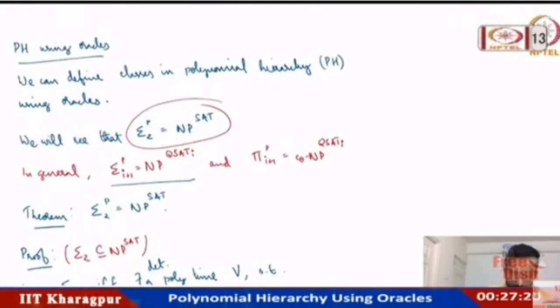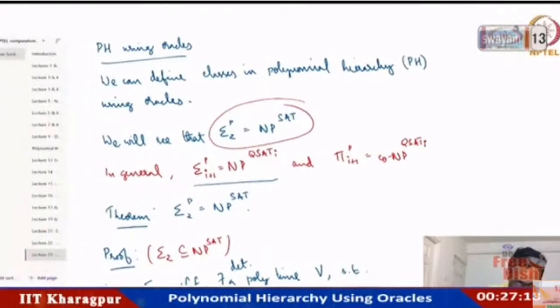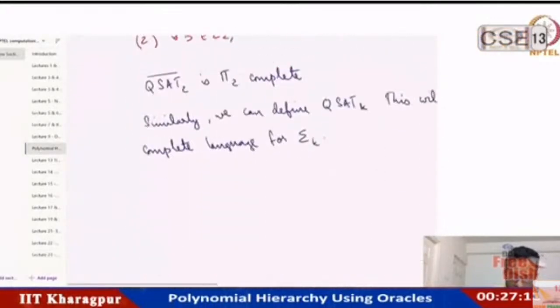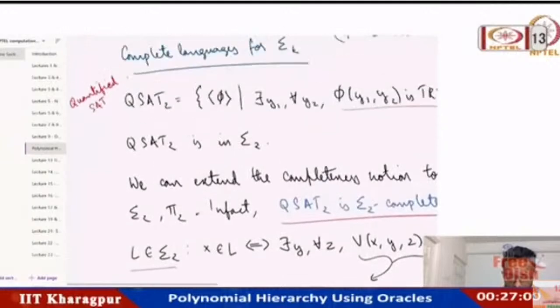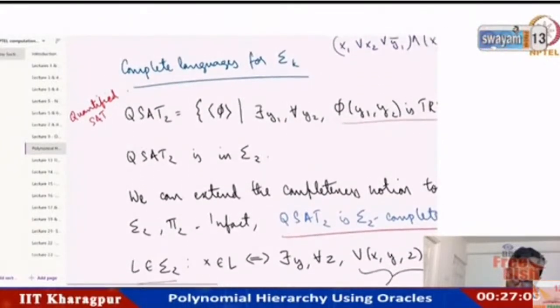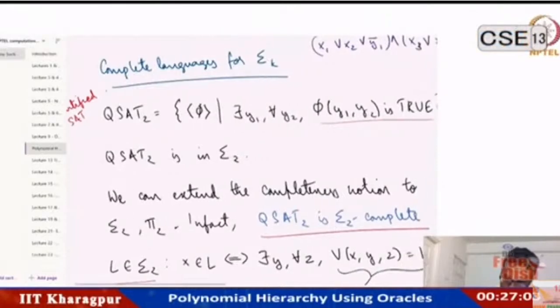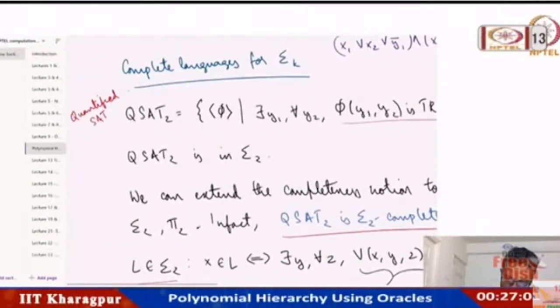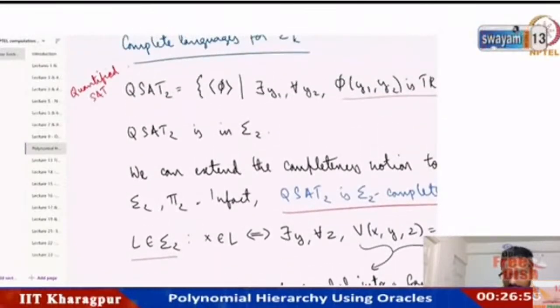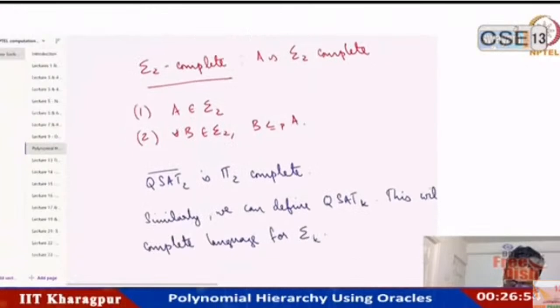So you may recall that QSAT K was the complete problem for sigma K. So QSAT 2 has these alternating quantifiers.